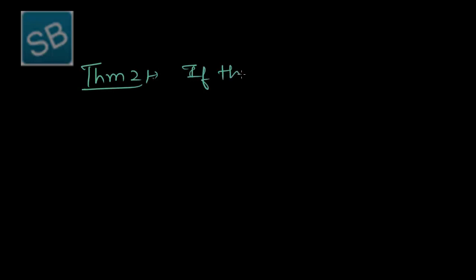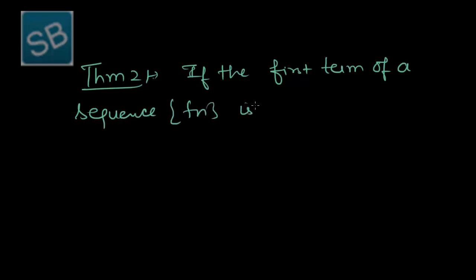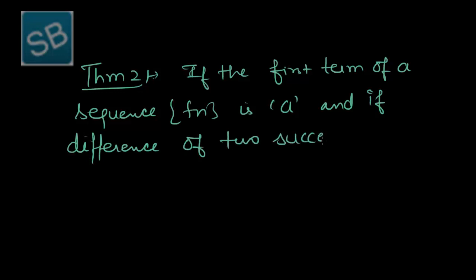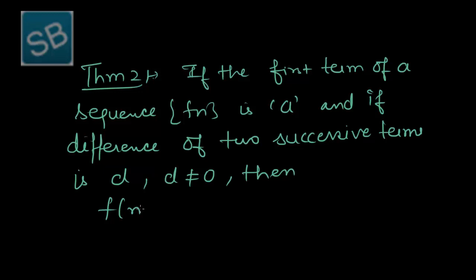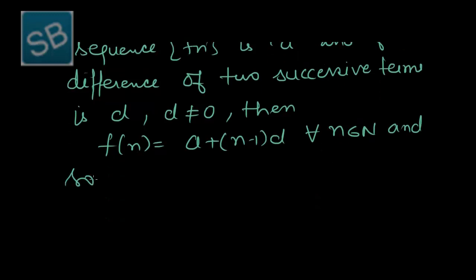If the first term of a sequence Fn is A, and if the difference of two successive terms is D and D is not equal to 0, then f of n is equal to a plus n minus 1 times d for all n belonging to N, and so it is an AP.